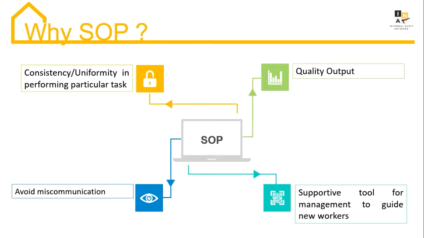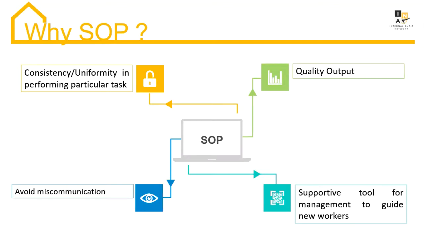You have consistency and uniformity, so you will obviously get quality output because you become more efficient in that process. It also avoids miscommunication, which is very common when you are working with many employees and levels of hierarchy: who said what to whom, and what anybody has to do when. When this is documented, it reduces the chances of miscommunication.